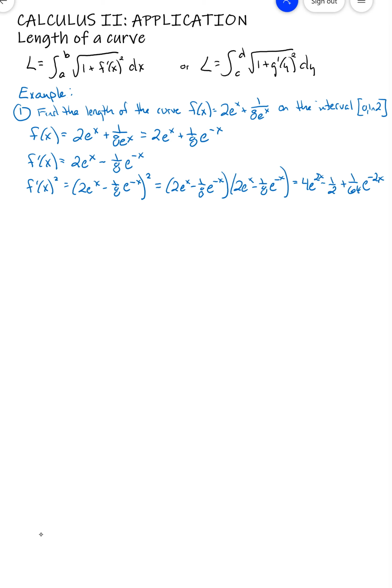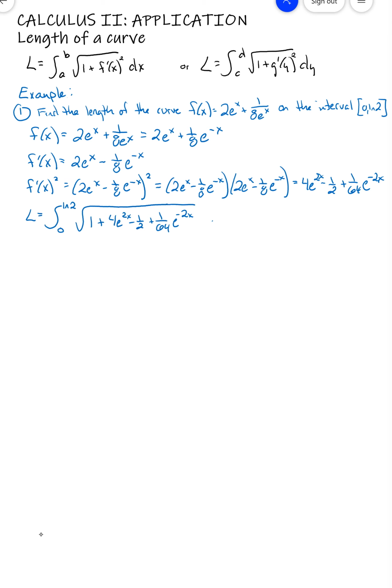Okay, so I think we have everything. We're ready to use our formula. L is the integral from a to b. Our interval goes from 0 to the natural log of 2 of the square root of 1 plus our f prime of x squared. So that's the 4e to the 2x minus 1/2 plus 1/64 e to the negative 2x.